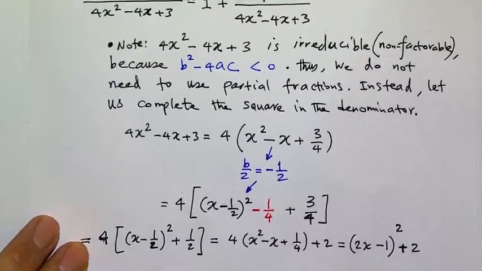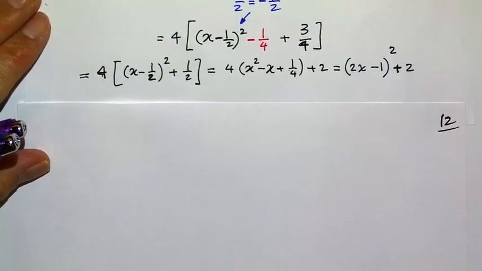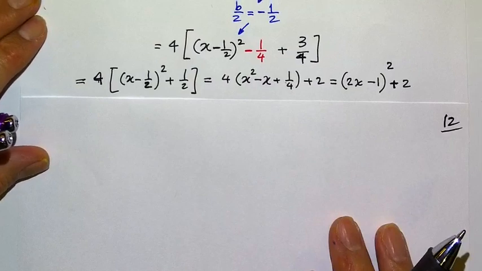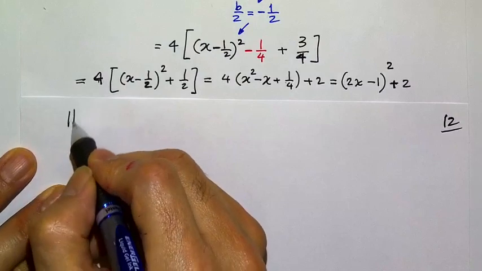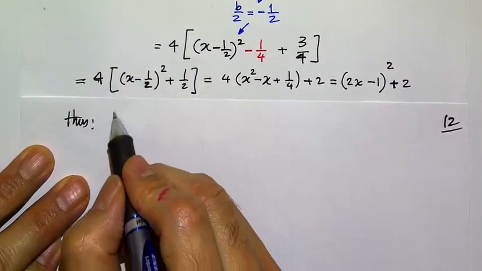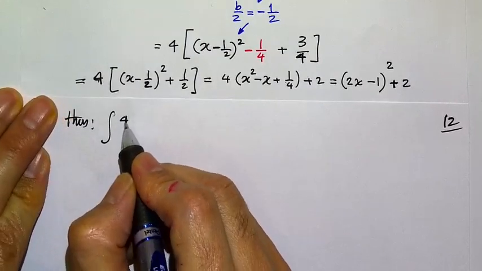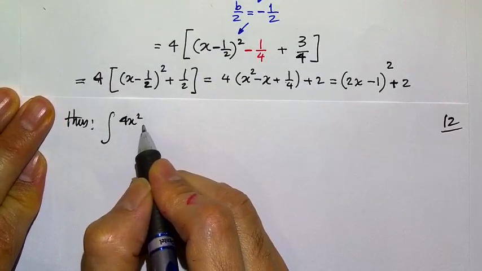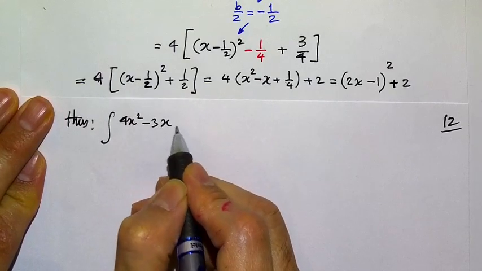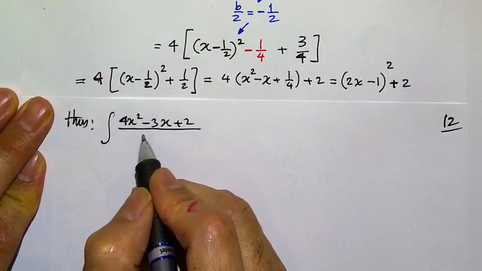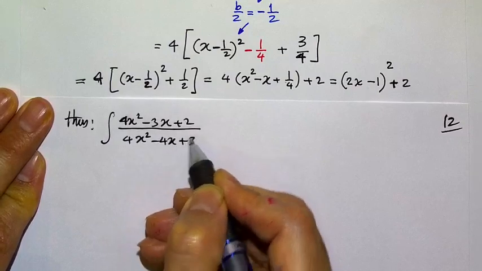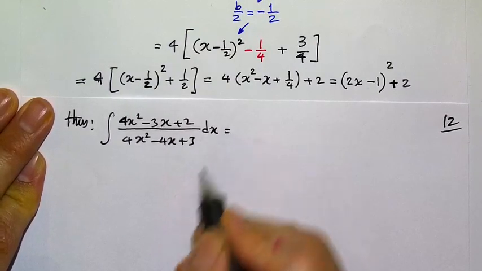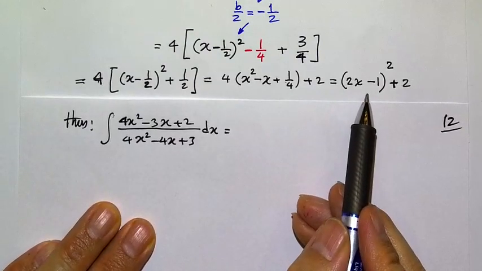So let me bring another paper here. Okay, so our original integral: thus, we started with this form, 4x squared minus 3x plus 2 divided by 3 dx equals, we ended up with this, right?